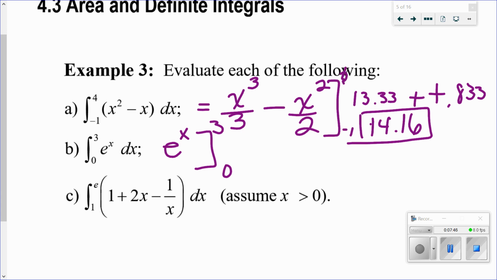Actually, I'm going to do this one without doing that, because we can actually just leave it this way, and you might like that better. So e cubed, that's e to the x evaluated at 3, minus e to the 0. What is anything to the 0 power? Anything, doesn't matter what the base is, if it's to the 0 power, it's 1. So we get e cubed minus 1, and that is a fine answer as well.